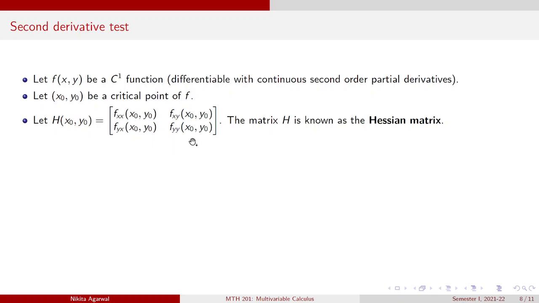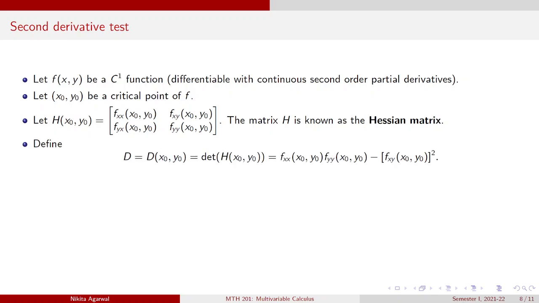So it's a symmetric matrix, and it is known as the Hessian matrix of the function at the given point. Now you define capital D, D of (x0,y0), to be the determinant of this matrix. Remember, we are doing all this at the critical point, right?